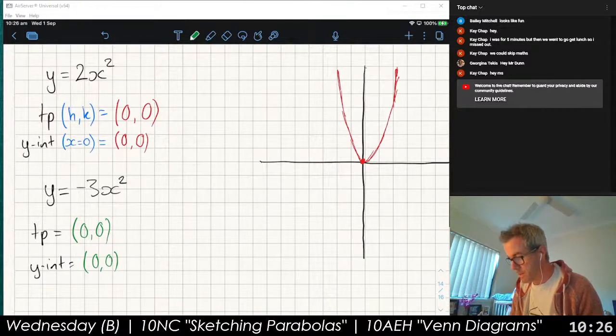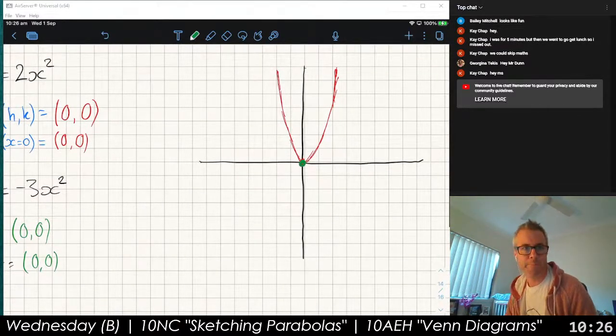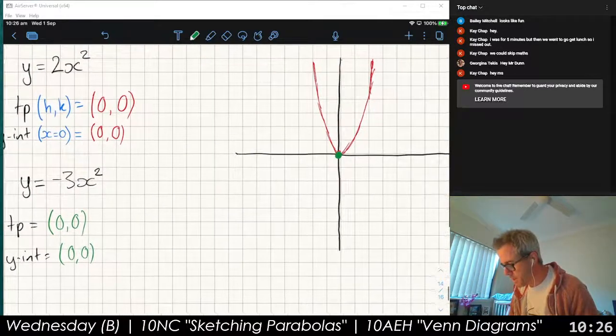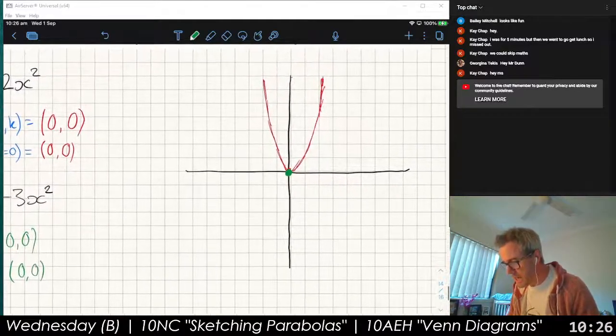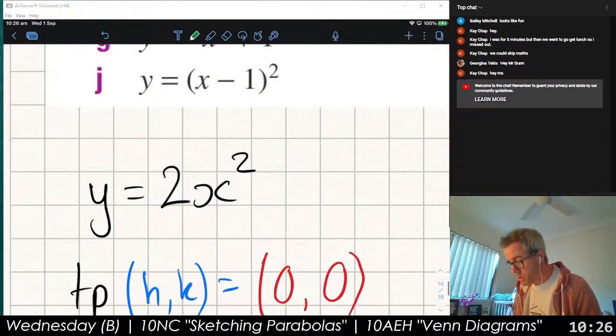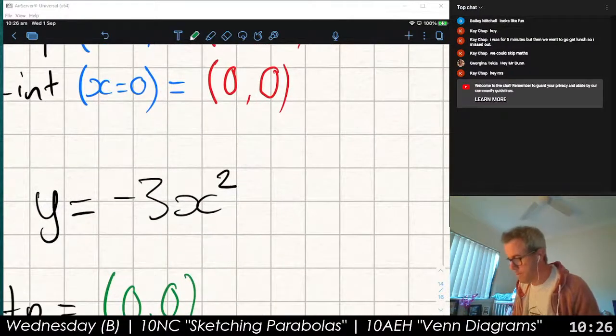The difference here that stands out is, of course, the negative. So this is what happens. I'm going to put my little green dot just there. Hopefully you guys can see that. This time, given that I've got a dilation here of 3, it's larger than the 2 that I had up here, so it's going to be narrower than what I had before.